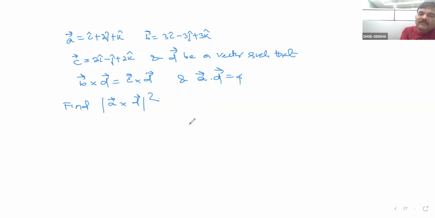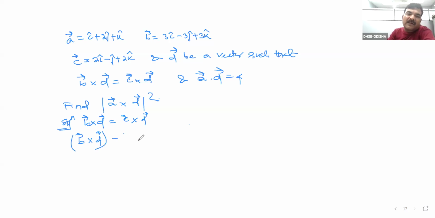So, it is given that B cross D is equal to C cross D. This implies B cross D minus C cross D is equal to 0.